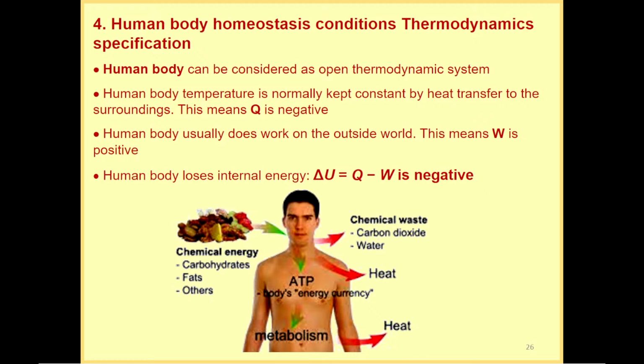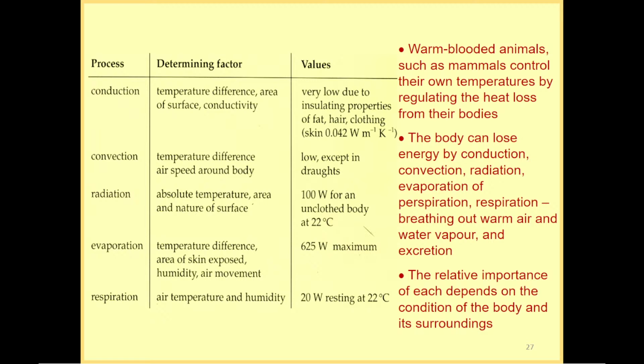Warm-blooded animals such as mammals control their own temperatures by regulating the heat loss from their bodies.